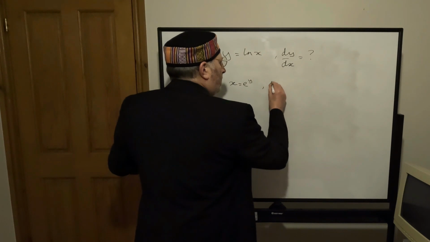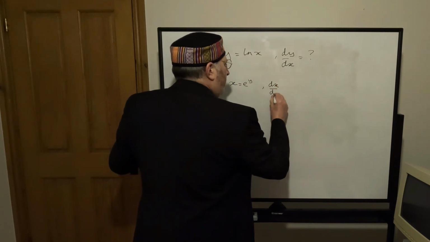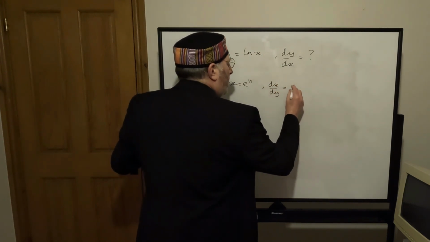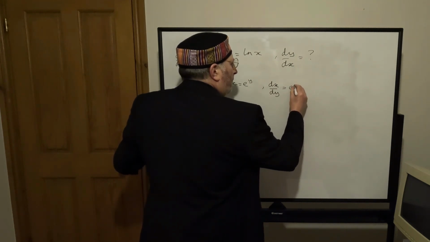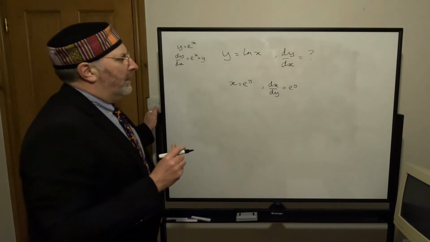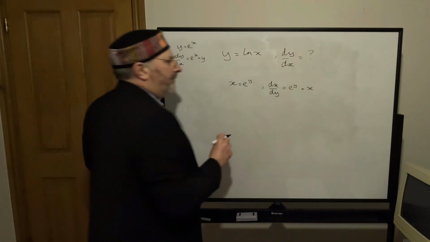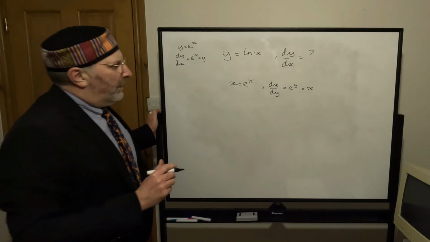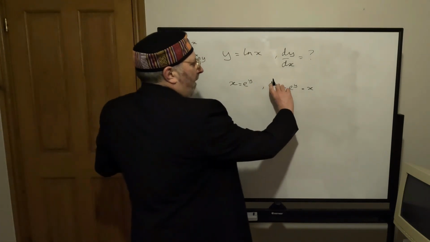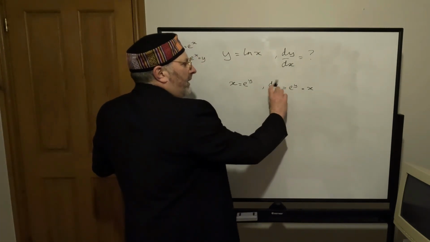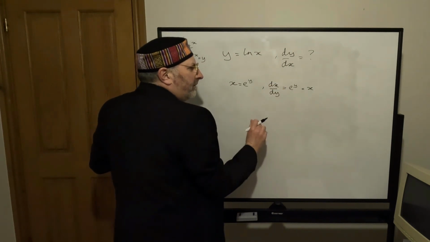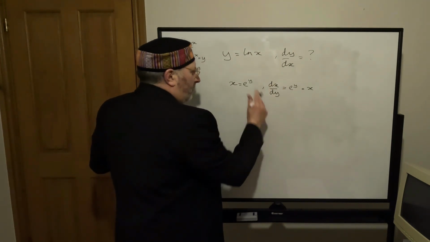So we can find quite easily dx by dy, that is just equal to e to the y, which is equal to x. And then all we need to do now is flip it, because we learned that these derivatives do behave like fractions.